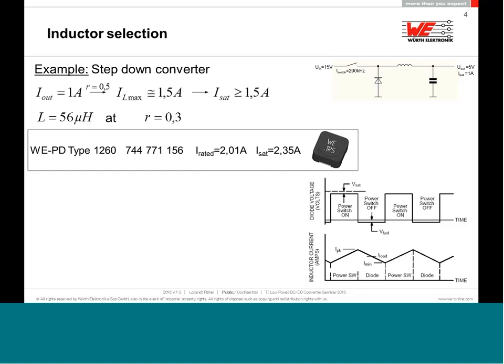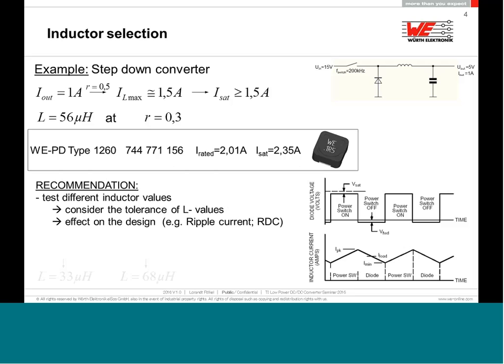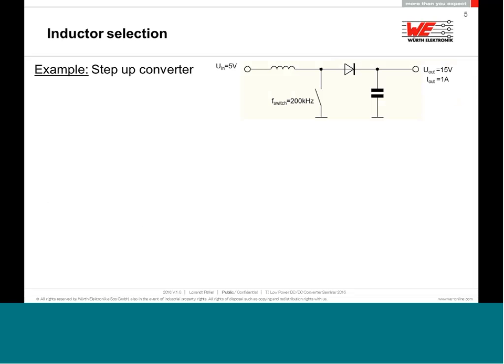It will be a very simple inductor in a shielded package, because I would recommend using a shielded inductance. If you followed my first webinar about EMI, you will see the big difference. You can even try the biggest one, the 68, 56, 68, and try out which has the least ripple and less losses in this case.